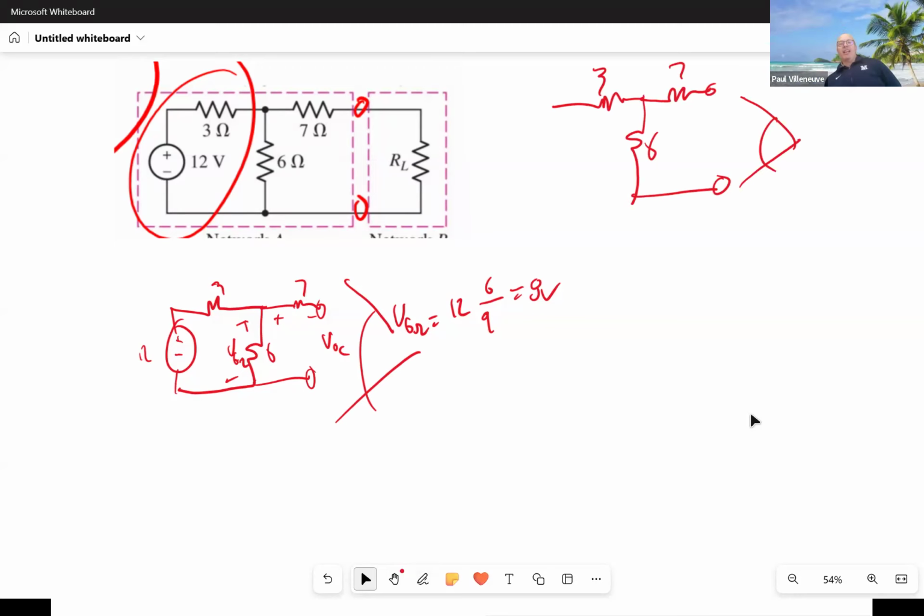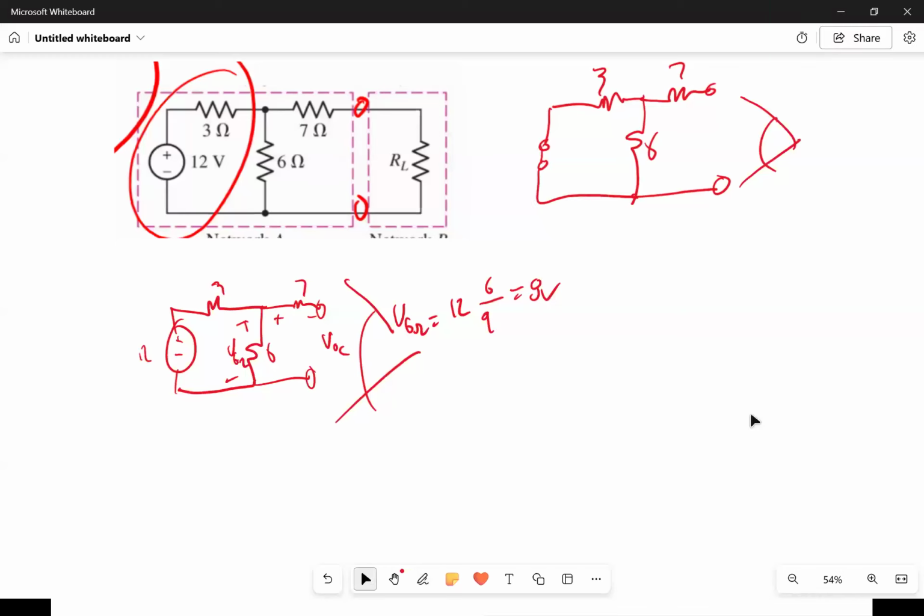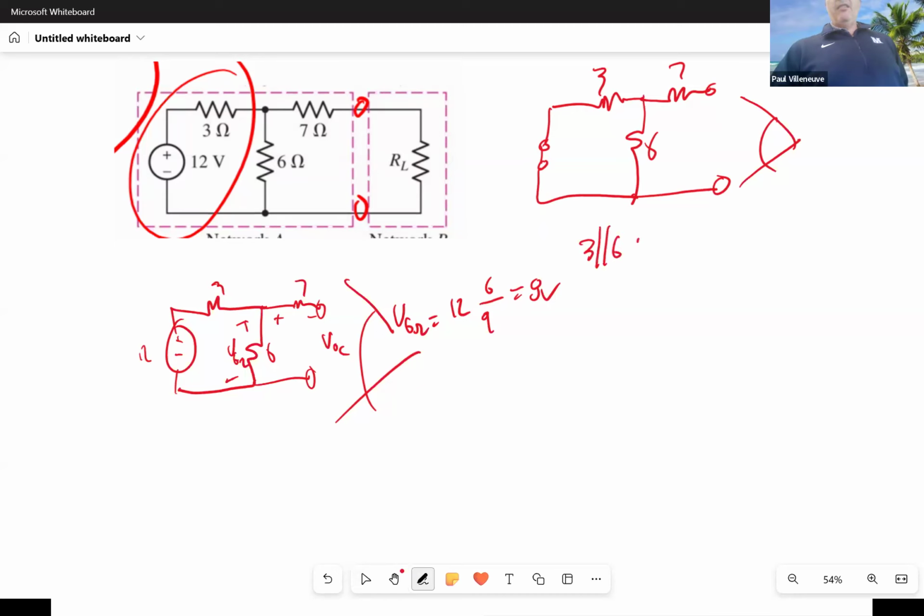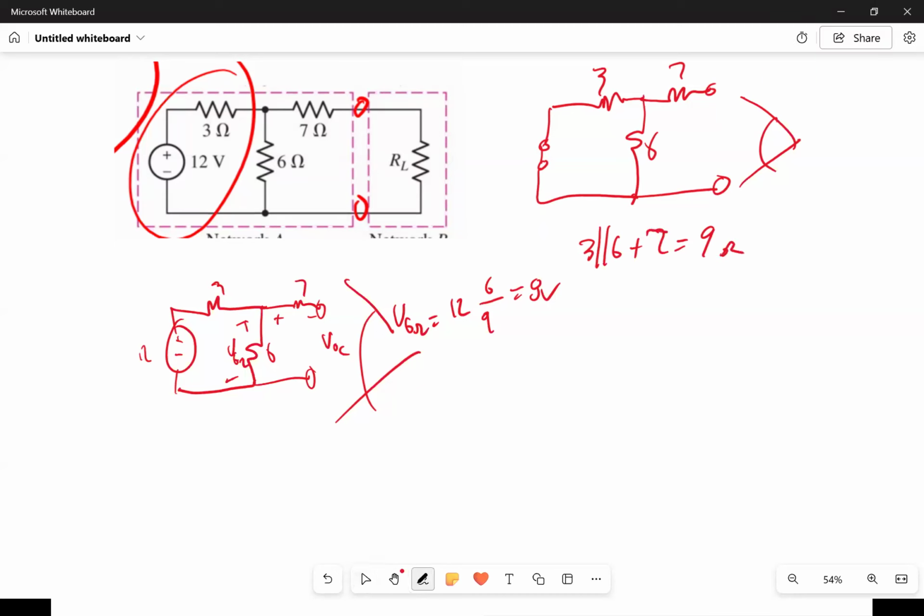But I got to figure out how to take that 3 ohm resistor. So I replace the 12 volt source, go ahead, with a short, its internal equivalent impedance. It is a short circuit. And now I see that I have 3 in parallel with 6 plus 2 equals, plus 7 equals 9 ohms.